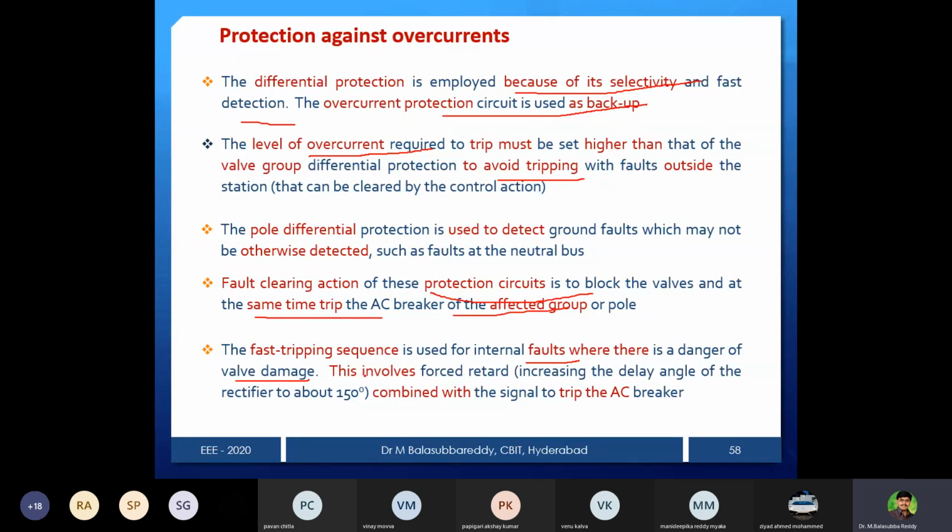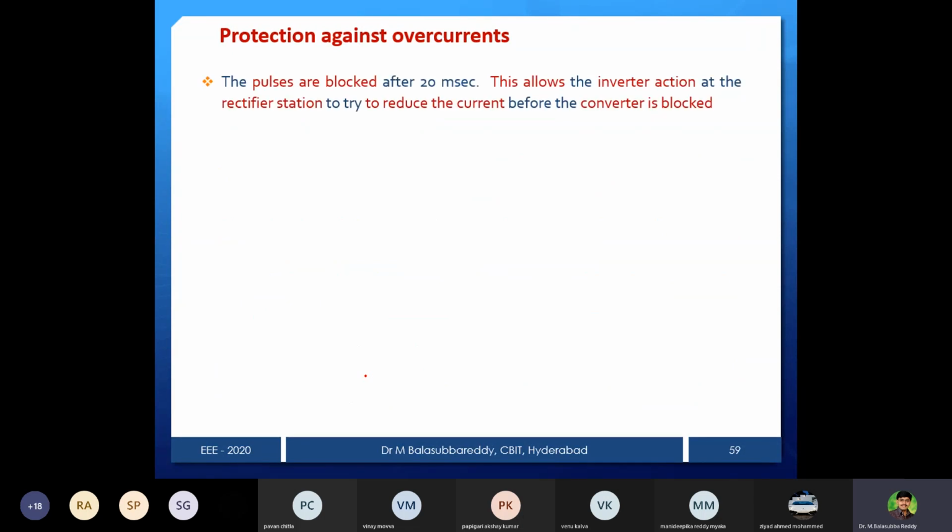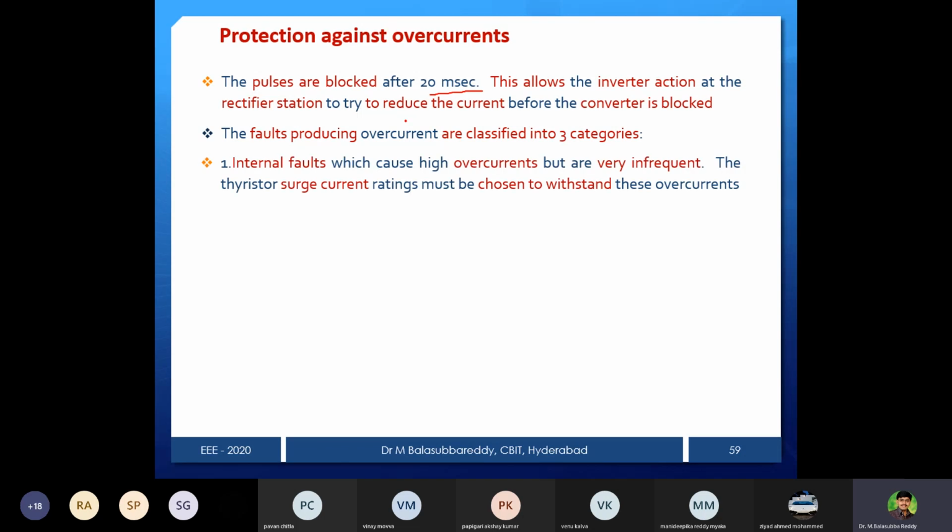That is also, you can say, increasing the delay angle of the rectifier to about 150 degrees and so on, combined with the signal to trip the AC circuit breaker. Then you can see that the pulses are blocked after 20 milliseconds. This allows the inverter action at the rectifier station to try to reduce the current before the converter is blocked. So now the faults producing overcurrent are classified into three categories.